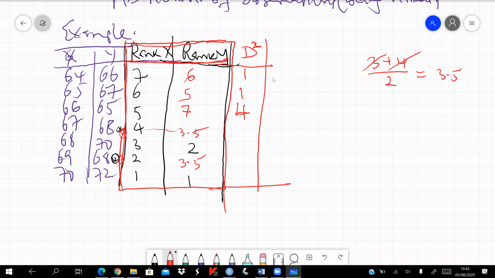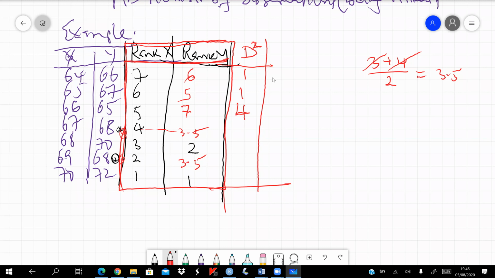Excuse me, at rank X, number 70, I think it's number 2. For X, we have a value higher than 70 in the column of X, which is our rank number 1. So 70 should be 2, not 3.